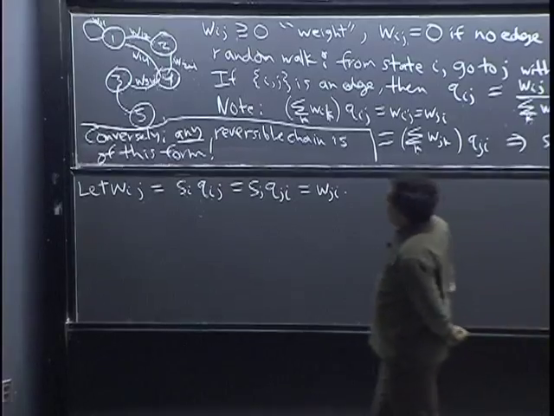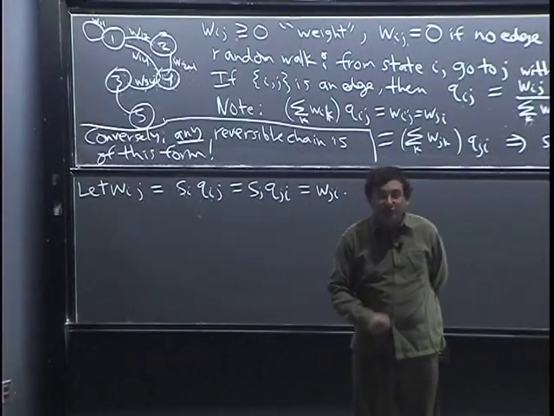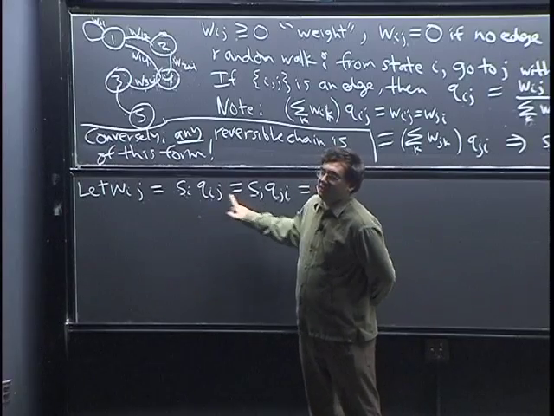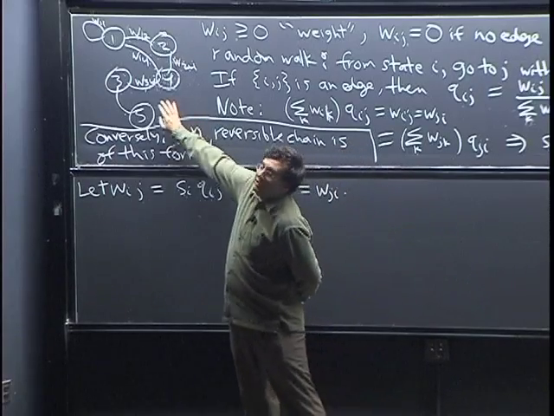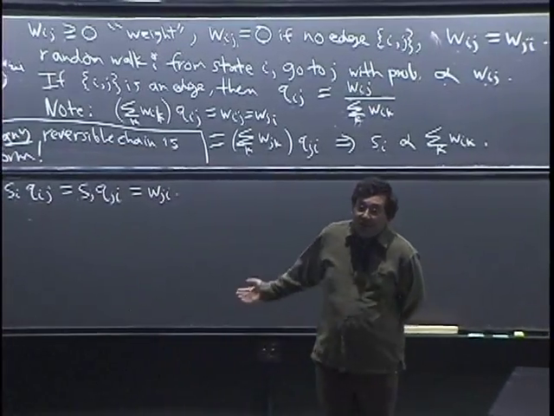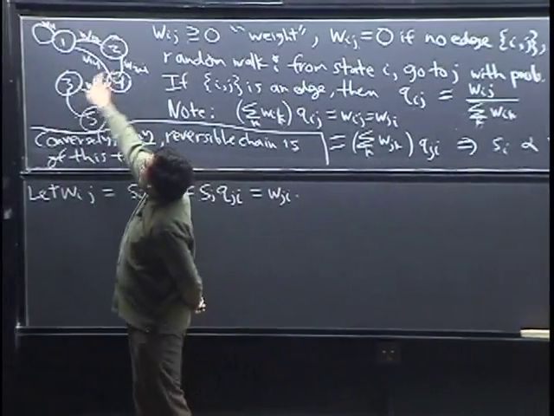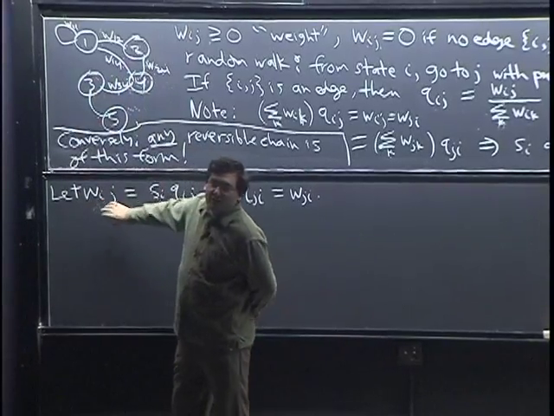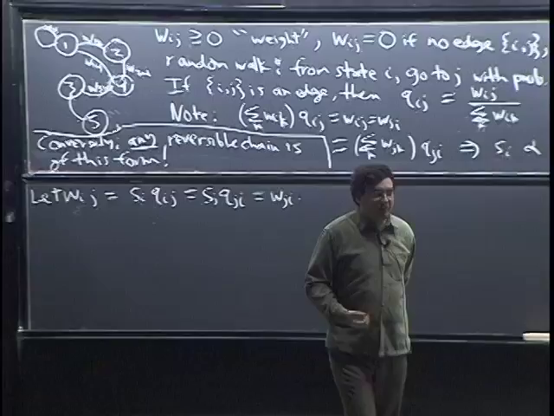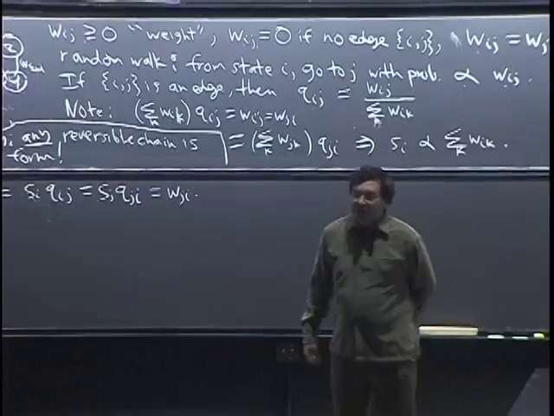So in other words, we're assuming we have Qij, that's our Markov chain that we're interested in, and we're assuming that it's reversible, so this holds, and then we're showing that it can be written in this way, right? Well, to do that, all we have to do is check that this chain, which is random walk on this network with the weights defined this way, has the transition probabilities that we want, right? Which are Qij by definition, okay?